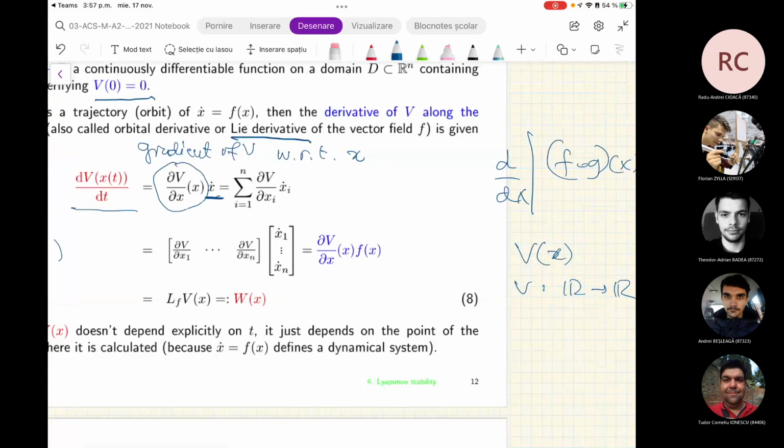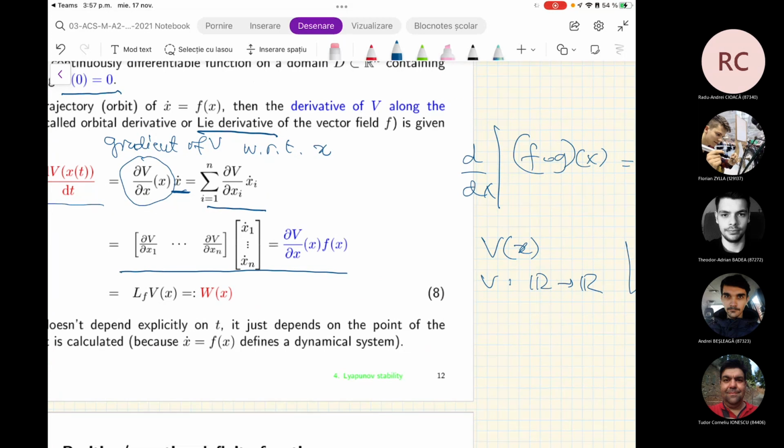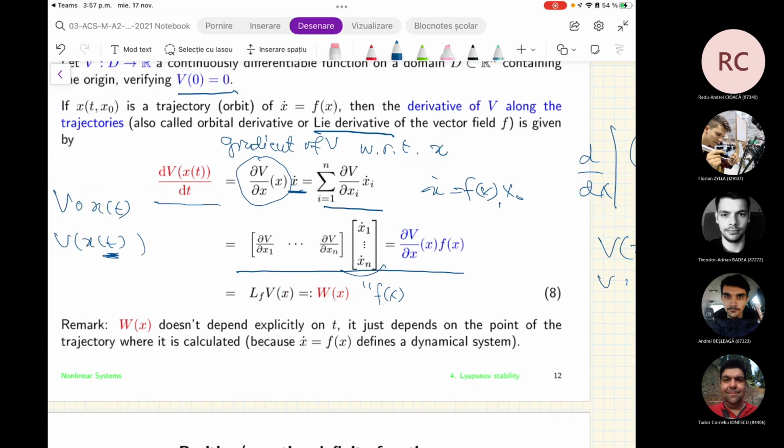That's why you get this relation here. This x dot is f(x) by the definition of the system: x dot equals f(x) with the initial condition x naught. So you get this very nice relation, the Lie derivative. This is a differential geometric notation, from Lie.